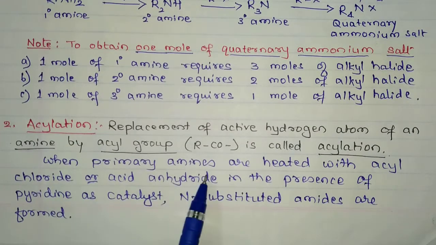When primary amines are heated with acyl chloride or acid anhydride in the presence of pyridine, a basic catalyst, N-substituted amides are formed.